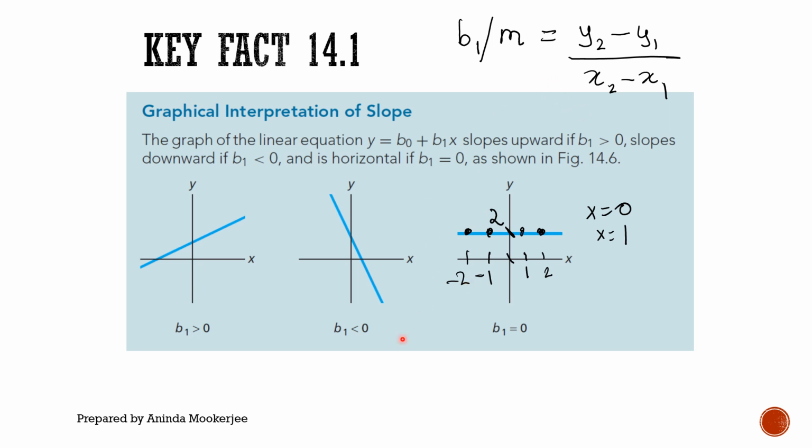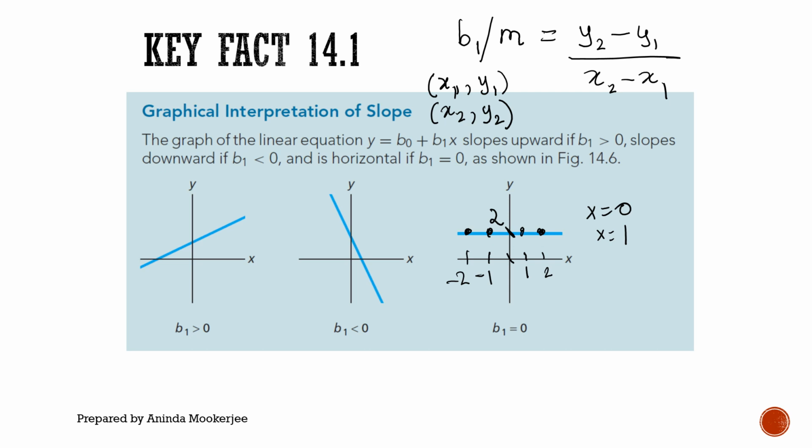How do you do that? Your first point will have a value of x1 comma y1. And let's say your second point is a point which we'll denote with x2 comma y2.